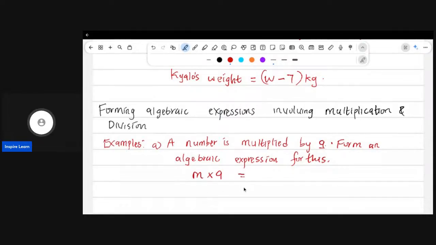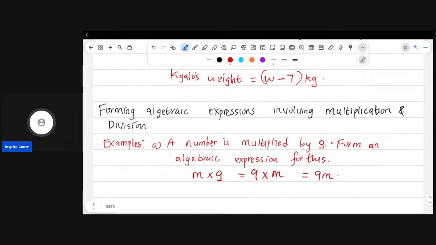But remember, when we are writing an algebraic expression, we usually start with the coefficient. So this is the same as 9 times the number. Our number is m, such that this gives us 9m. So that is what you're going to have.